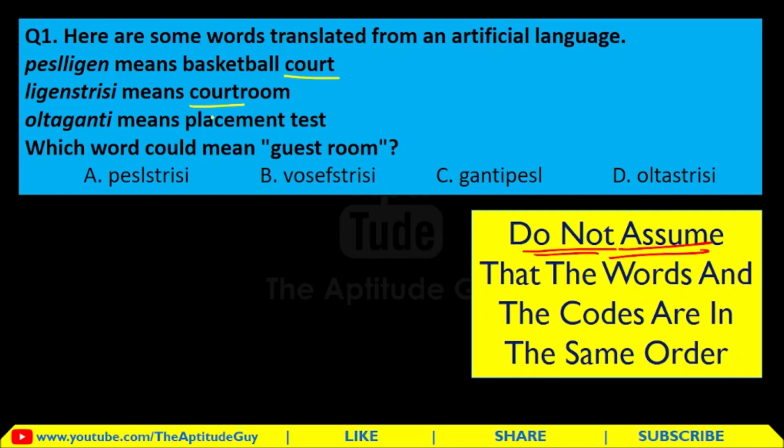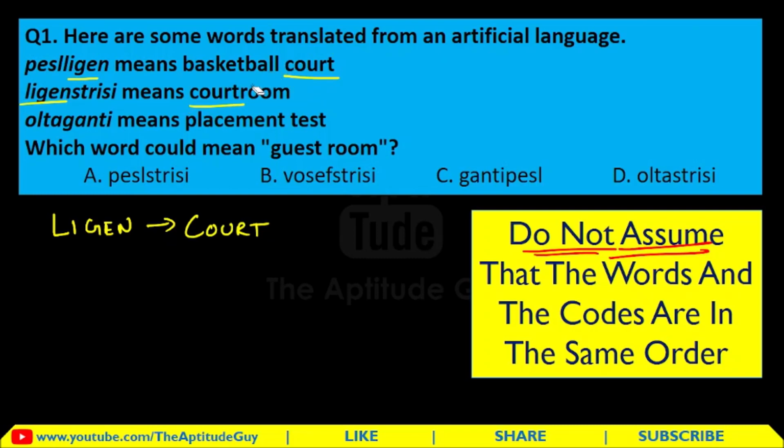Court is common. Now, PESL LIGEN, LIGEN STRISI. What is common in these two? Of course, LIGEN is common. So LIGEN is common and court is common. That of course means LIGEN is the code for court. That is how we figure out the codes.